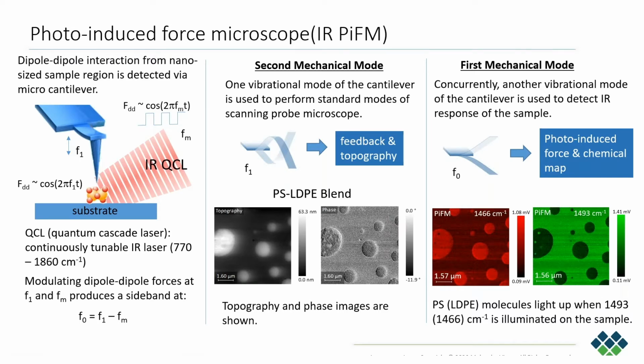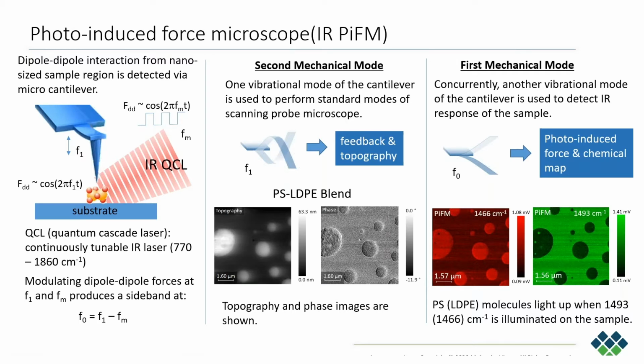If we take this example of a PS-LDPE blend, in the middle panel you can see that we can get topography and phase, which is a mechanical elasticity mapping from the standard AFM mode. And then at the same time, we fix the laser to 1466, which corresponds to a vibrational mode associated with LDPE.